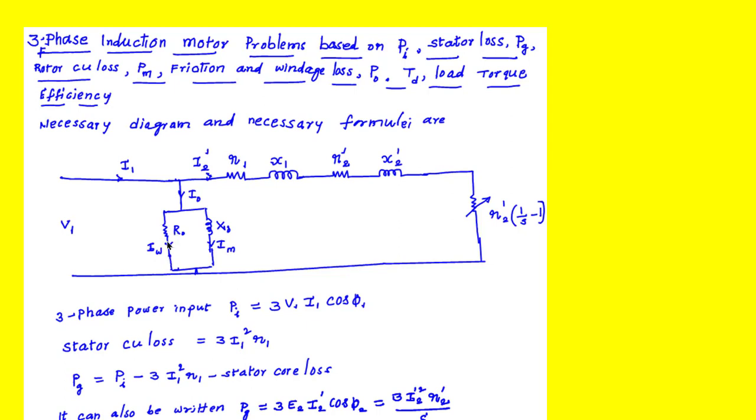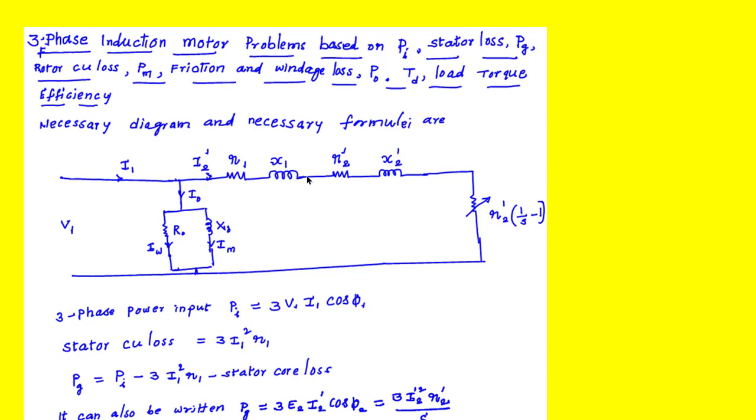In this, whatever current flows here we call the core loss component. This is the magnetizing component, and this is called the input current, I naught, the no load current. And this is I2 dash. I2 dash means it is the rotor circuit current referred to the stator side, meaning when we transfer the secondary or rotor circuit parameters to the stator side, we get I2 dash.